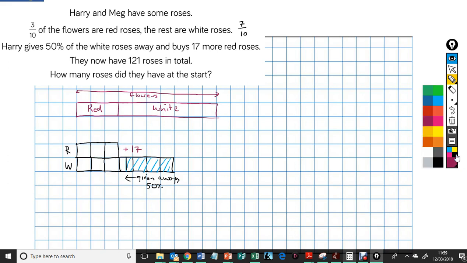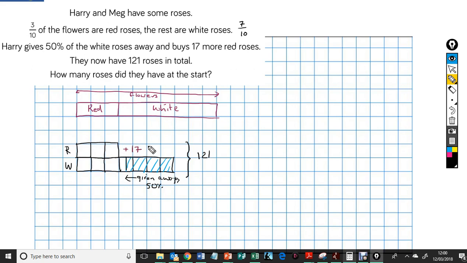So what else do I know? I know that after that has happened, they have 121 roses altogether. That's this bit here, so that's 121. Okay, so 121 includes all of this and this 17. It excludes that part. Now when you've got bar models, what you're always seeking to do is to try and find where you do know what the size of things are in relation to everything else.